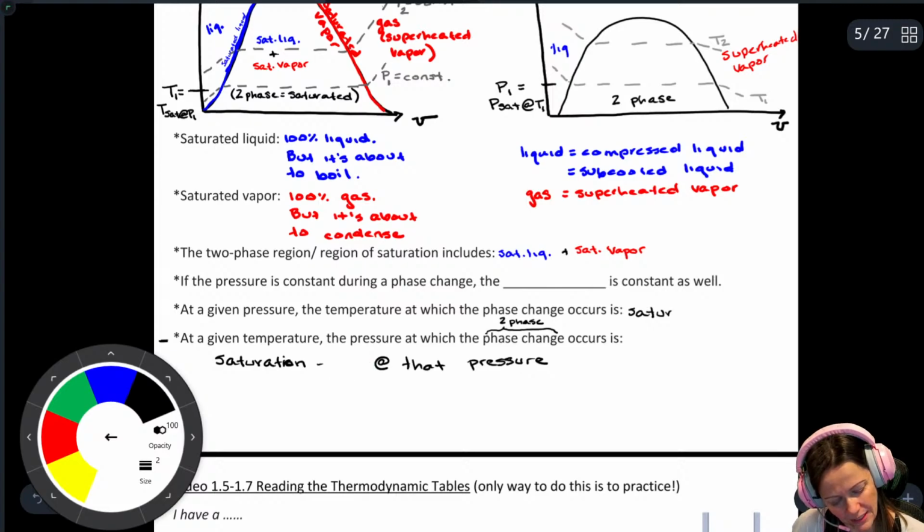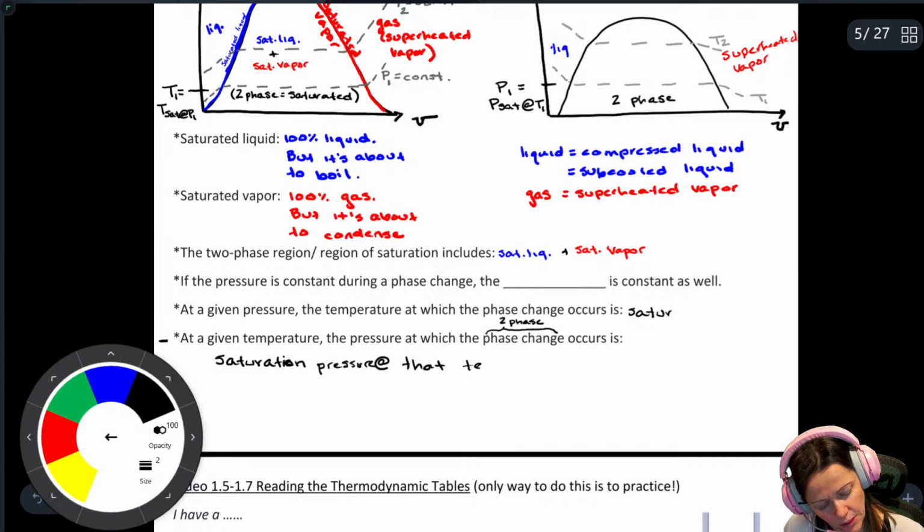There we go. At a given temperature, the pressure would be the saturation pressure at that particular temperature. And so the answer for this second to last one would be the saturation temperature at that particular pressure.